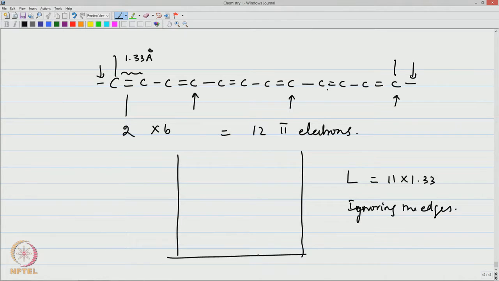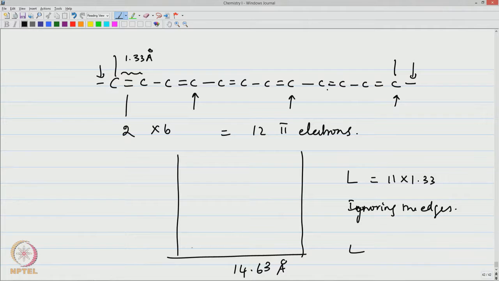So, L is 14.63 angstroms. This is the length of the box. You have 12 particles, they do not interact with each other, therefore, we can consider each particle as a particle in the box, and each particle occupies one of the energy levels, n equal to 1, n equal to 2, n equal to 3, n equal to 4, 5, 6 and so on.